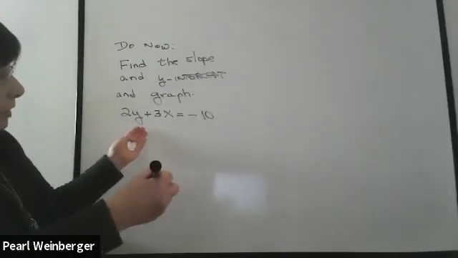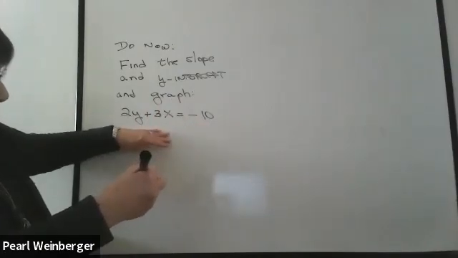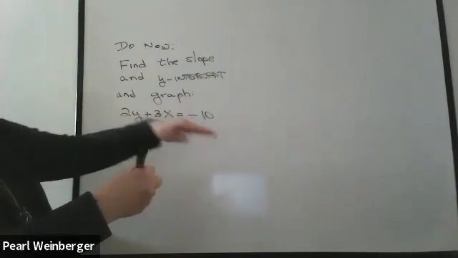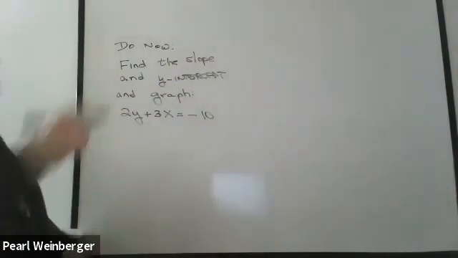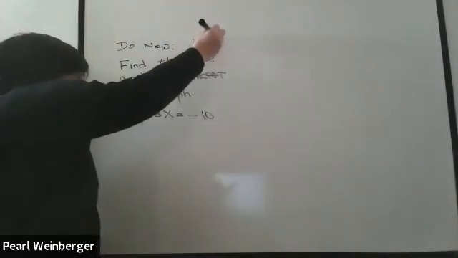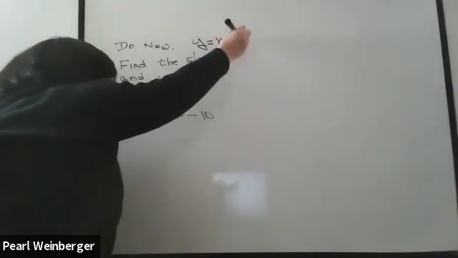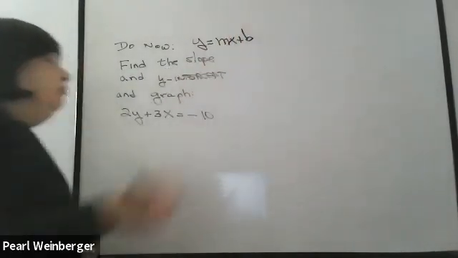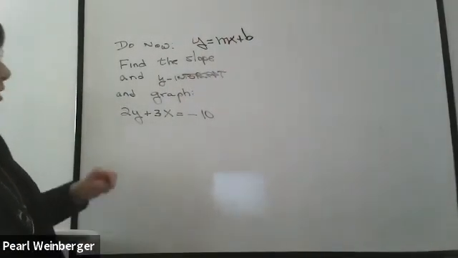You want me to bring the x's to the other side, so I'll only have y's on one side. And then once I have that, I can divide everything by what's in front of the y to get it in what we call the y equals mx plus b form. That's the most helpful form to write the equation of a line.